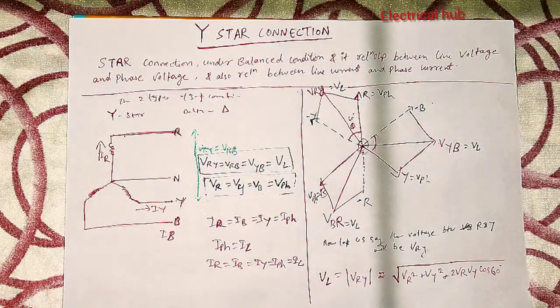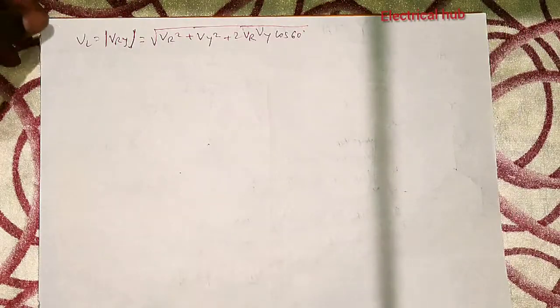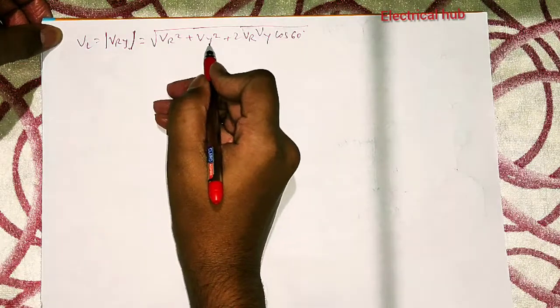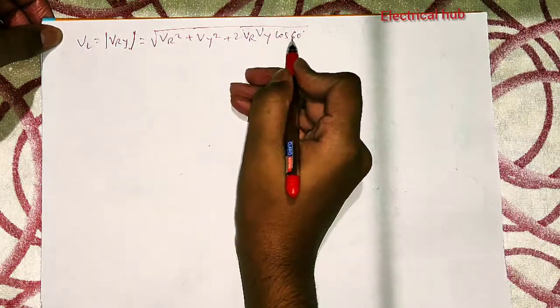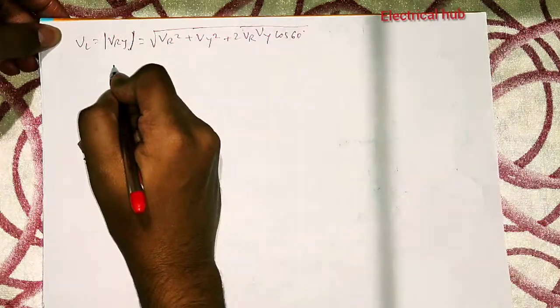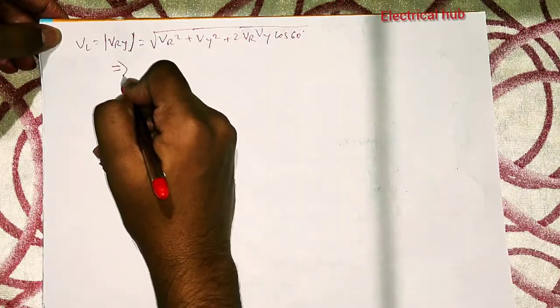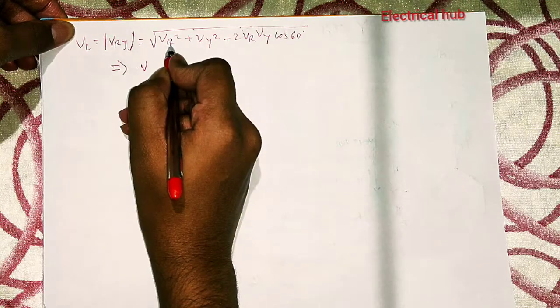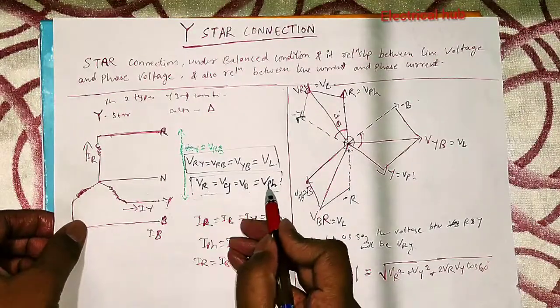I am here to derive the equation of VL equal to root 3 VPH. So here I have rewritten this equation where VL equal to mod VRY, which is equal to VR square plus VY square plus 2 VR VY cos 60, which is whole under square root. So if we try to simplify it, this VR is equal to VPH. I have already talked about it, that the single term VR is equal to VPH.